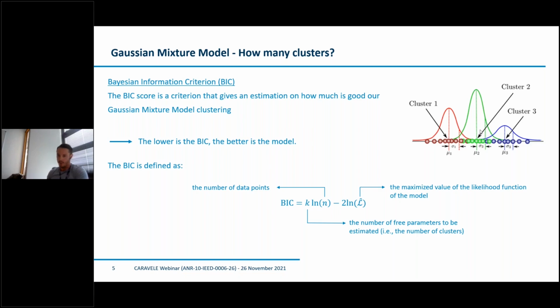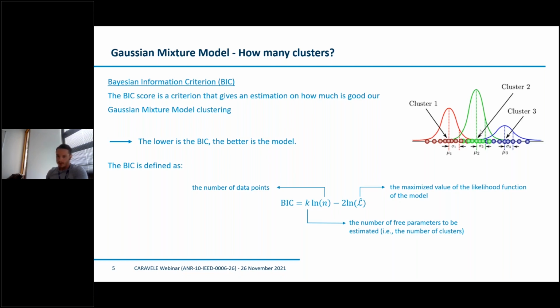For this purpose, we calculated the Bayesian information criterion, the BIC score. The BIC score is a criterion that gives an estimation of how good our Gaussian mixture model is. The lower the BIC, the better the model. We are looking for the minimum value of the BIC score.